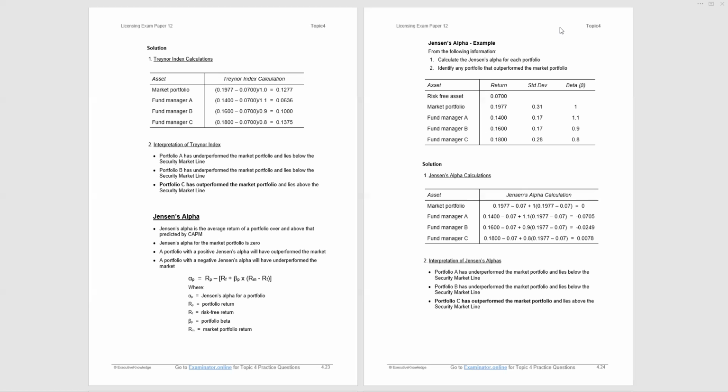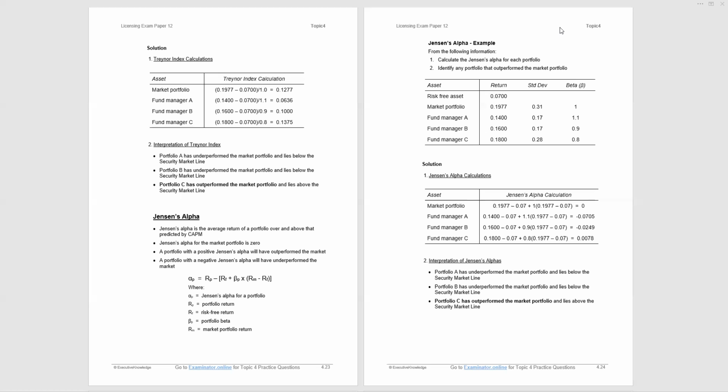So what we're doing is we're taking the formula to be RP, the return of the portfolio we're looking at, minus the return predicted by the capital asset pricing model. In the capital asset pricing model, you've seen earlier, risk-free rate plus the beta of the portfolio multiplied by the market premium, that is the return of the market, minus the risk-free rate.